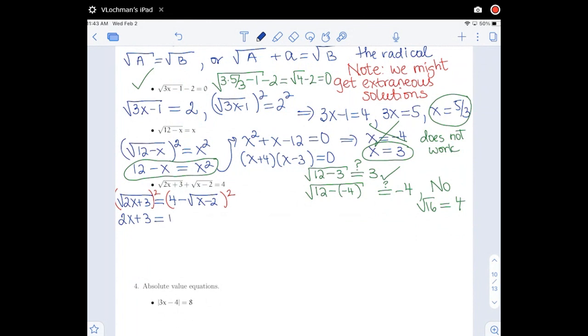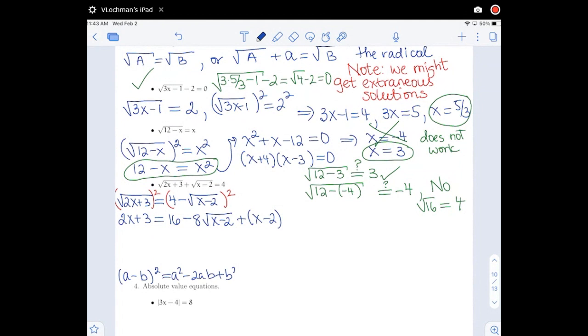So 4 squared, that's 16, and then minus double their product, so that would be 8 times the square root of x minus 2, plus the square of the other term, so that's x minus 2. If you don't remember, a quick reminder: a minus b squared is a squared minus 2ab plus b squared. I just applied this formula to my expression.